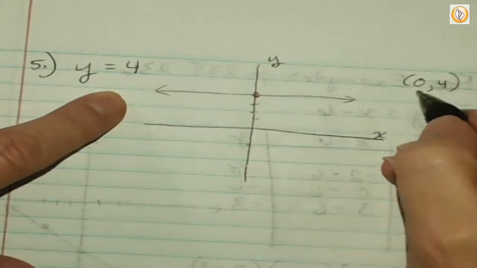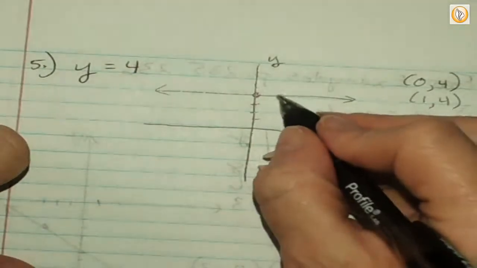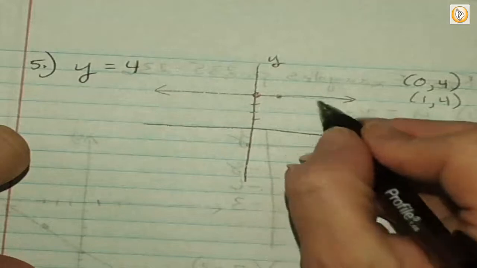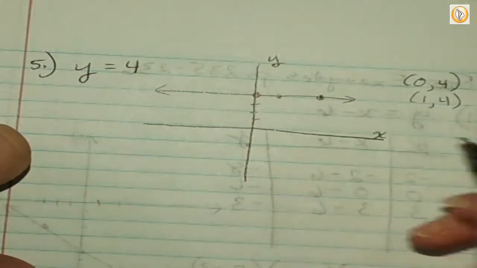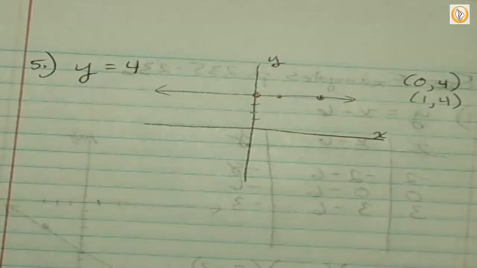You could say 1 and 4, or 4 and 4. Anything on that line. But if y is only 4, then it's a horizontal line. Just like number 6, it'd be vertical. Make sense? All right.